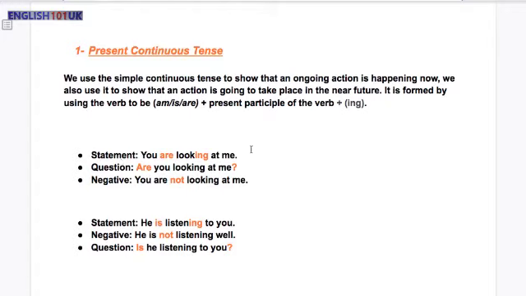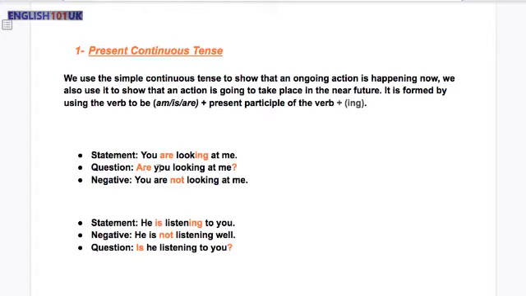To form the present continuous tense, we need to have a pronoun plus a helping verb, which is the verb to be, and the verb ending in ing form. So we have a statement that says, you are looking at me. And in the questions, we place the verb to be before the pronoun.